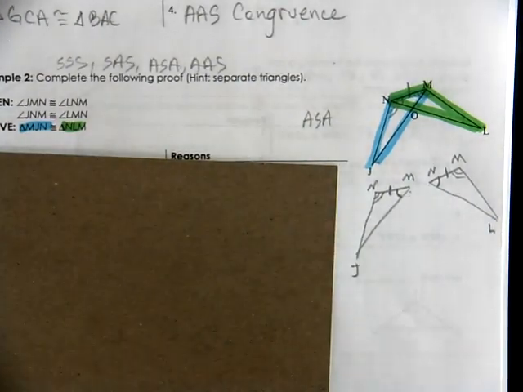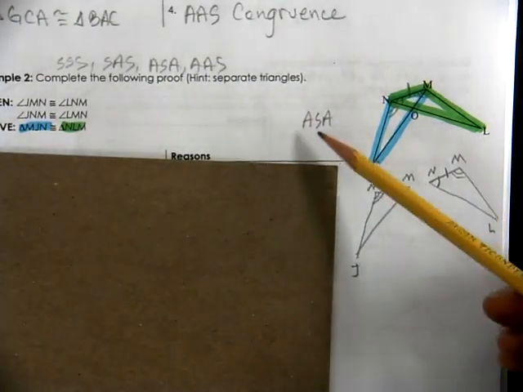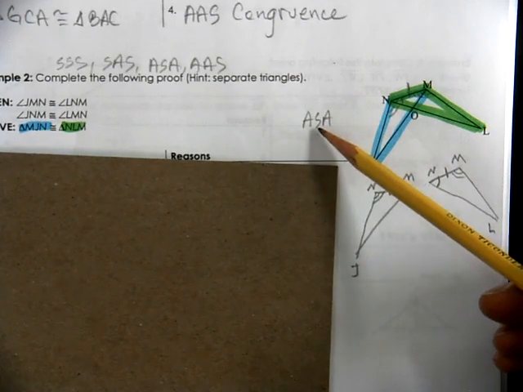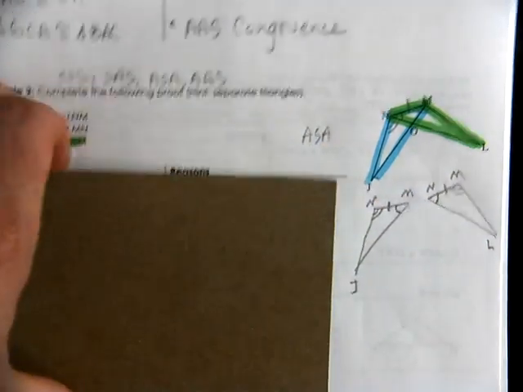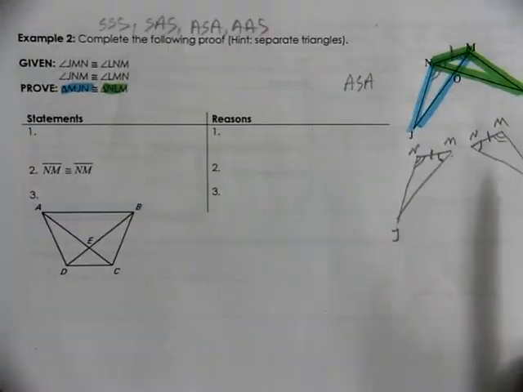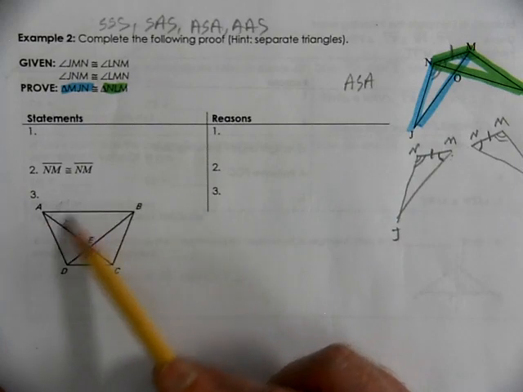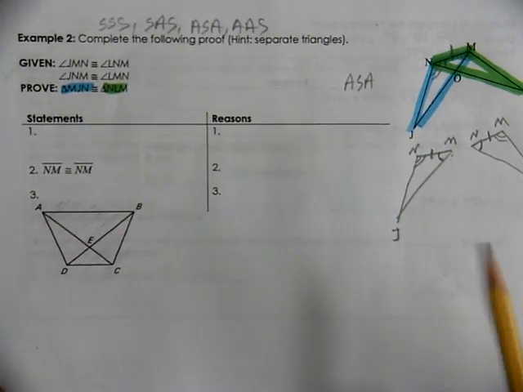So now you've studied your picture. Now you've made a determination of how the triangles are congruent. Now you're able to start to try to fill out your proof. Don't worry about this picture down here. We're not using this picture right now.